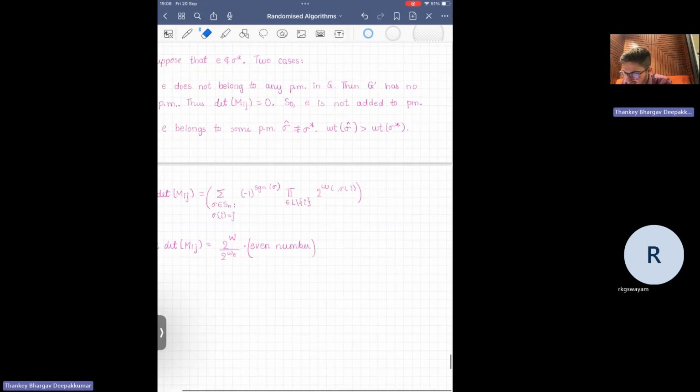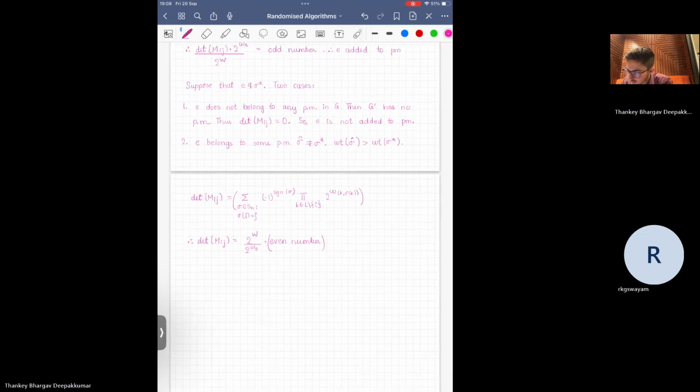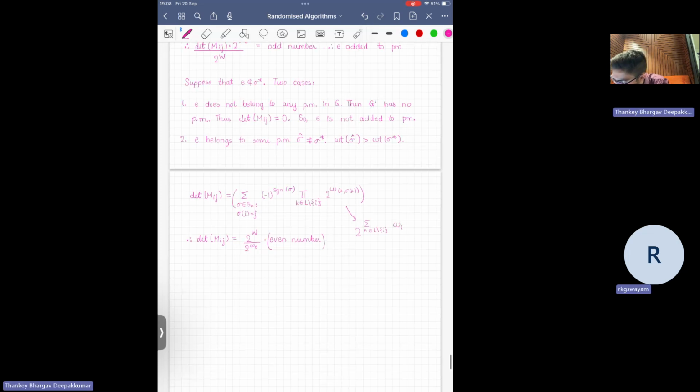I should use some other index K. So this quantity is the same as 2 to the sum over K in L minus I of W of K comma sigma K, right?